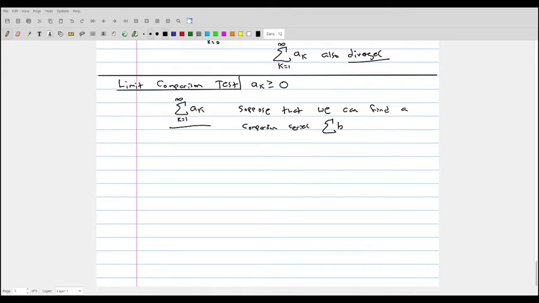This is our comparison series. In general, the more complicated series is ak. This is the one that we're investigating the convergence of. So we want to find a comparison series that's simpler to investigate the convergence of.